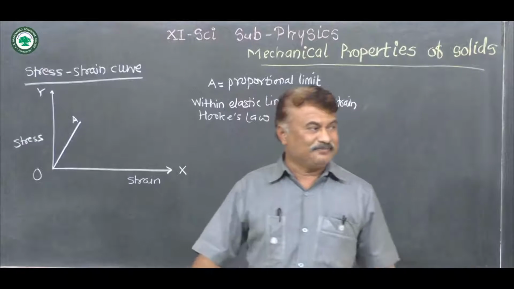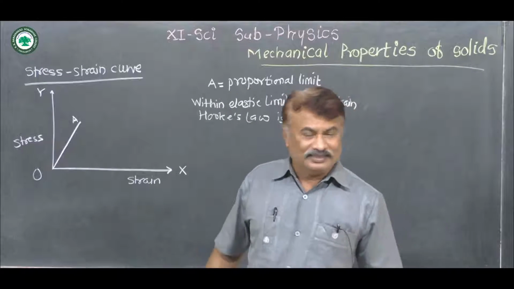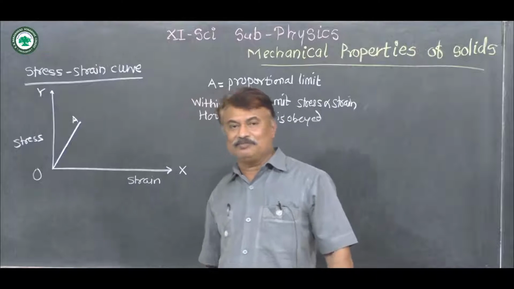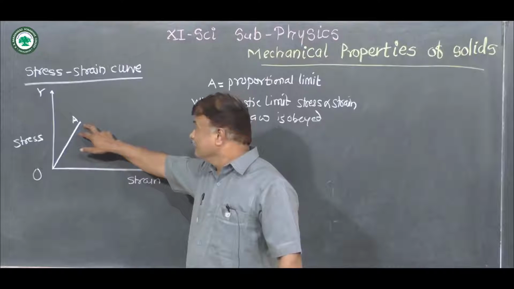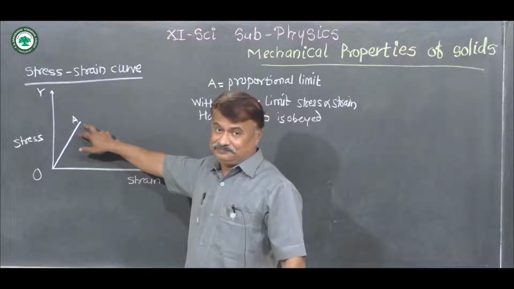Because we know this statement of Hooke's law, within elastic limit, stress is directly proportional to strain. This A point is called as proportional limit.